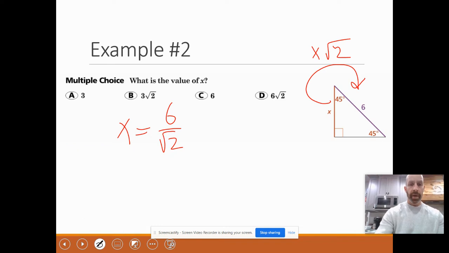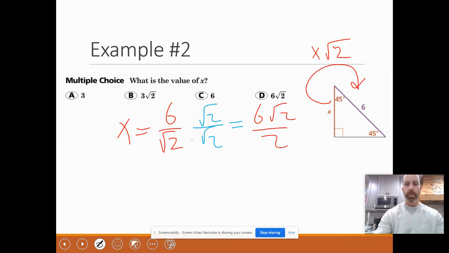And hopefully you can remember that in Algebra 1 we rationalize the denominator. So we will end up getting 6 radical 2 over 2, because square root of 2 times square root of 2 is 2. And that gives us 3 radical 2. So our answer is B.